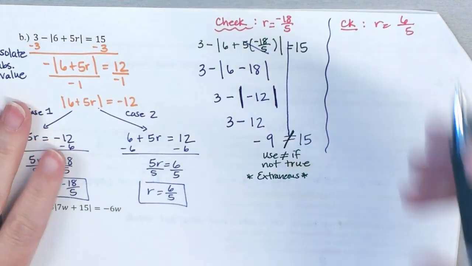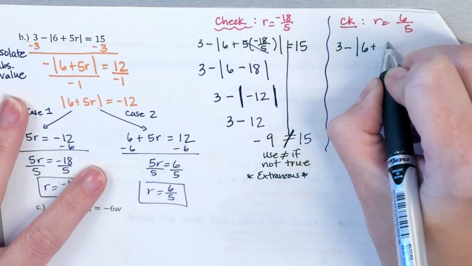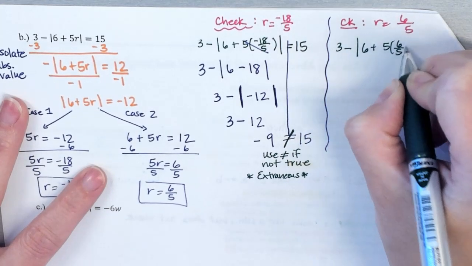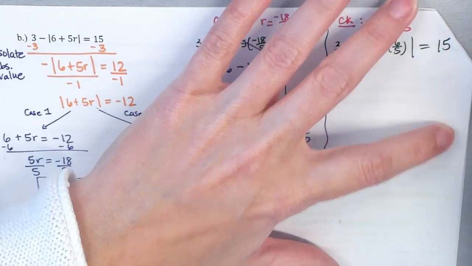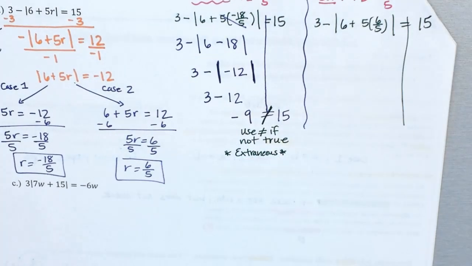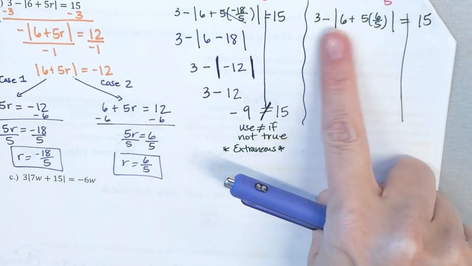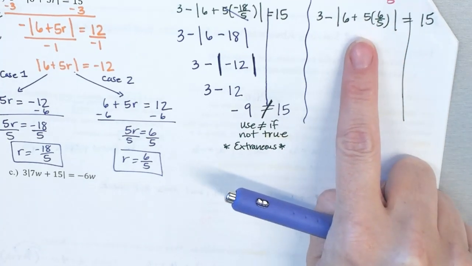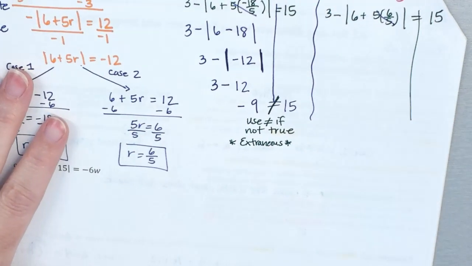Then we're going to check for 6/5. So 3 minus the absolute value of 6 plus 5 times r, equal to 15. Again, I put this line down here to show I can only work with one side at a time. This is nice because this cancels out, right?